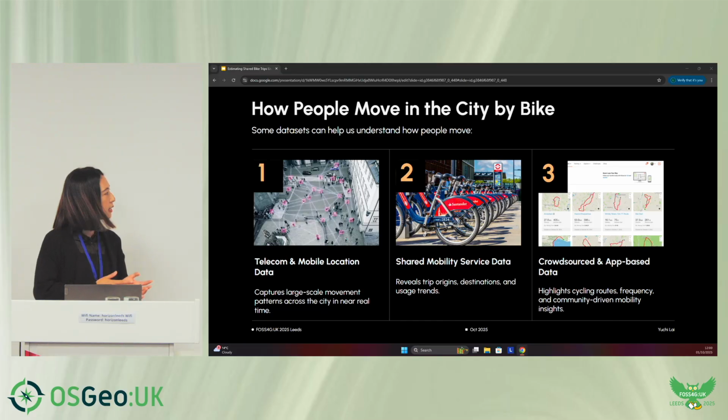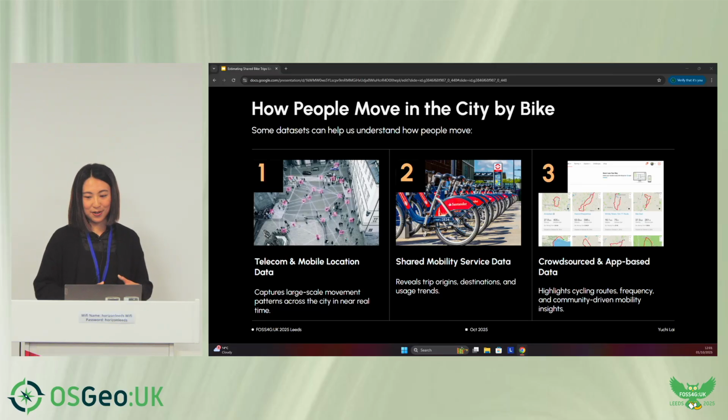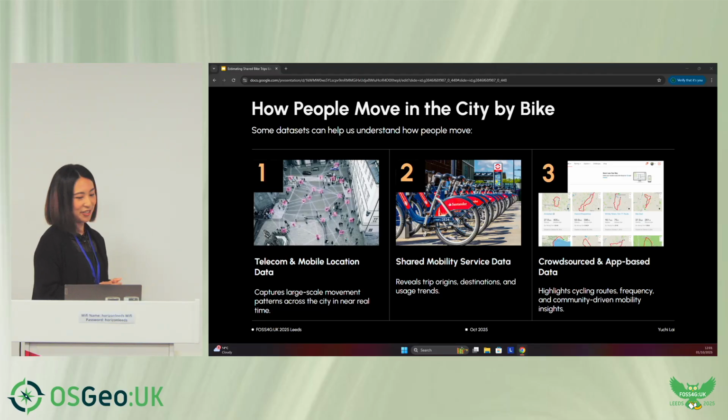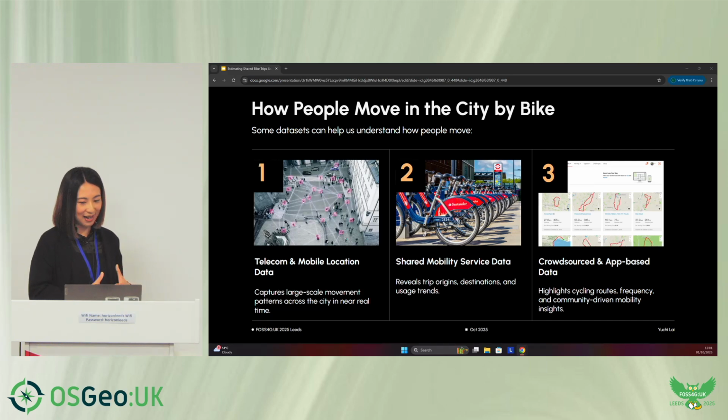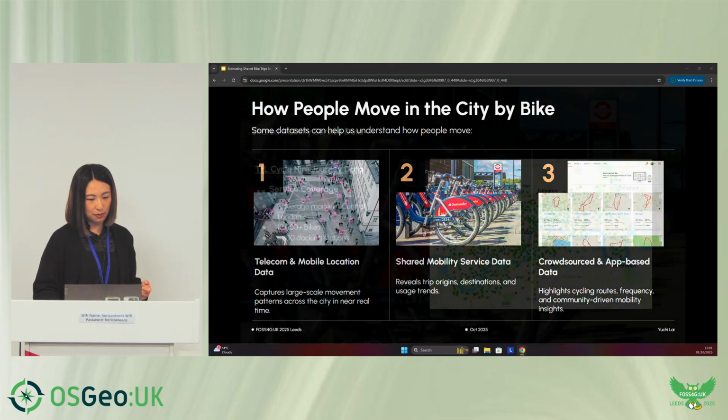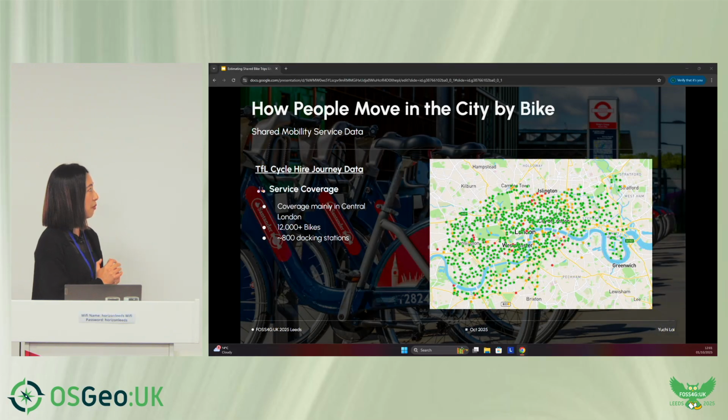And the third one is crowdsourced app-based data, which is Strava or Komoot. However, the telecom data and the crowdsourced app-based data are usually owned by private companies and sometimes very expensive to obtain. In contrast, the shared mobility data is more public, reliable, and provides a very useful source for analysis. And this will be the data set I use in my project.